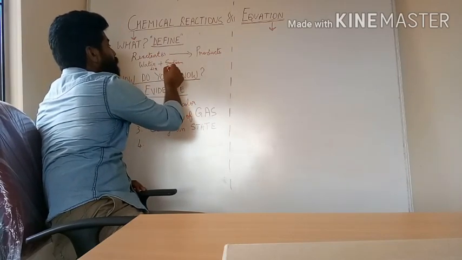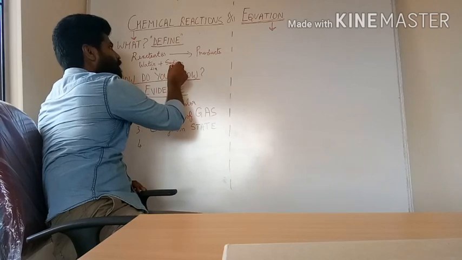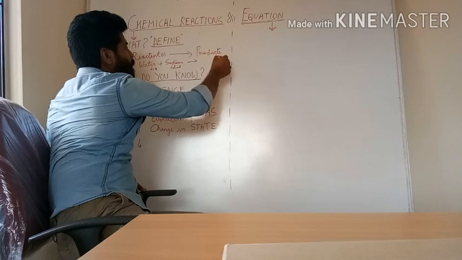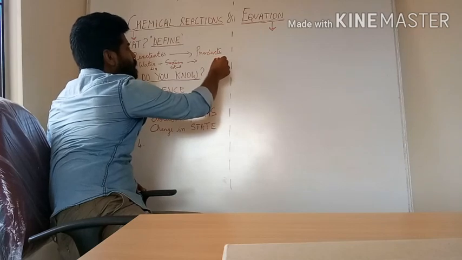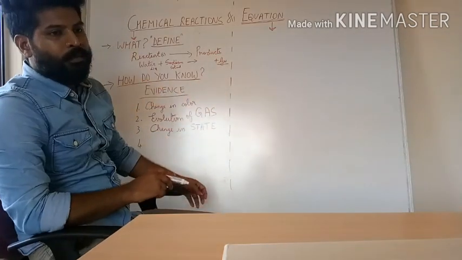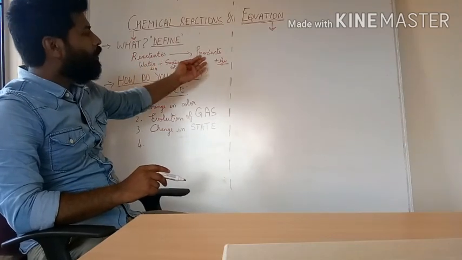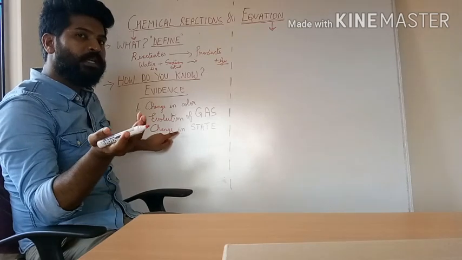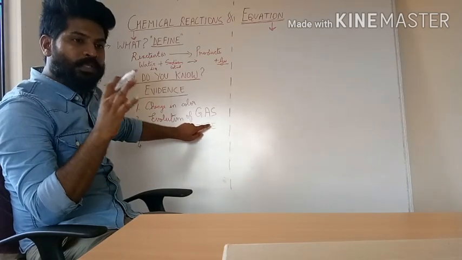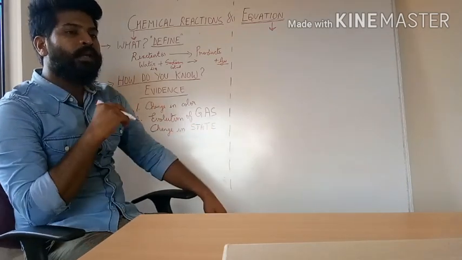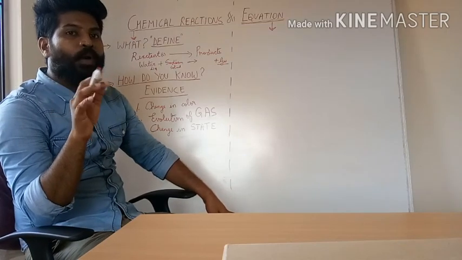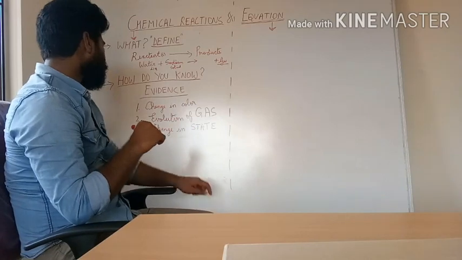These two are the reactants, which was a solid, right? And one of the products was a gas. So solid, liquid, gas, which means there has been a change in state. So change in state is also an indication, is an evidence for a chemical reaction to have taken place.